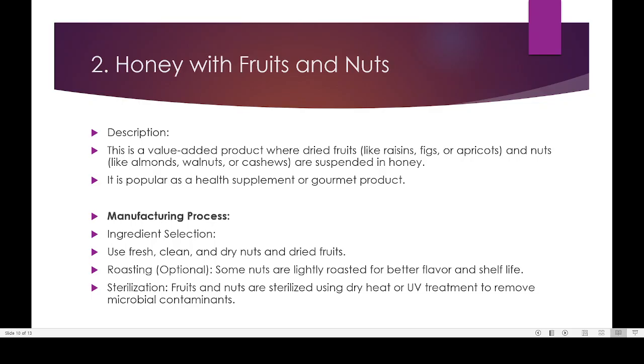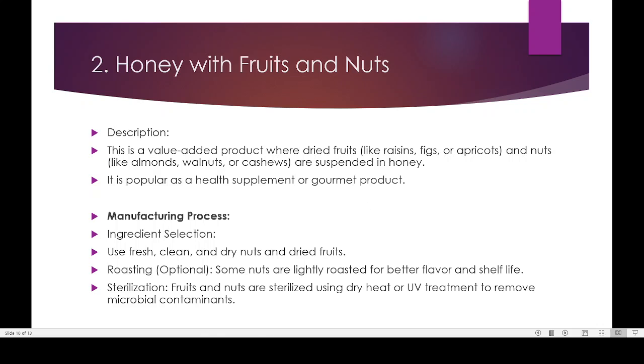It is also a value-added product where dried fruits like raisins, figs, apricots, or almonds are suspended in honey.